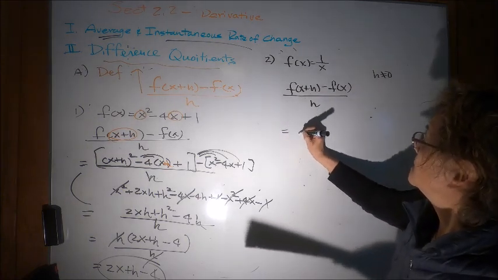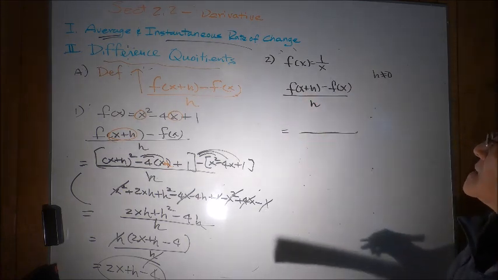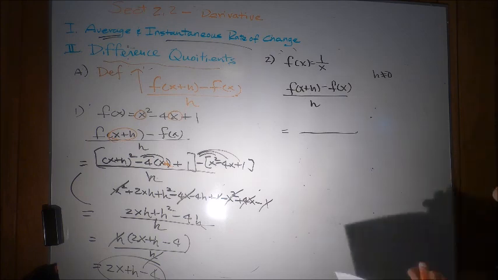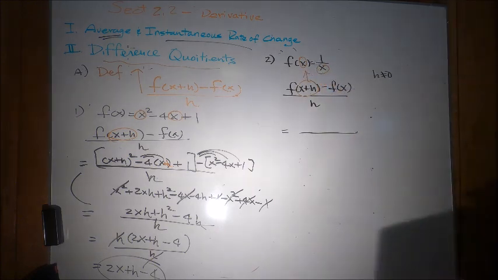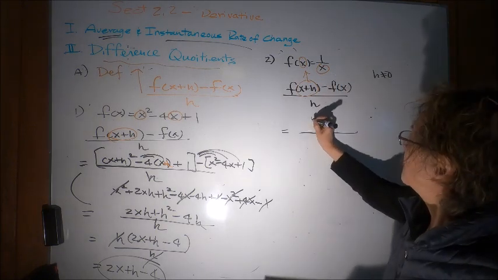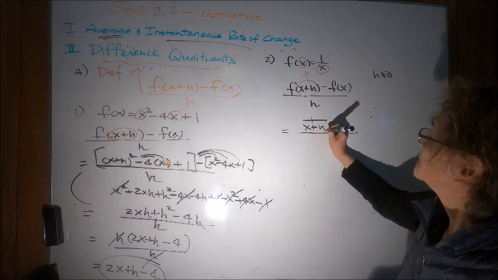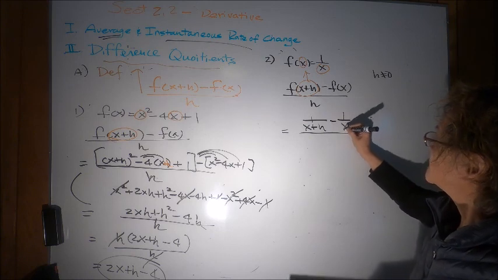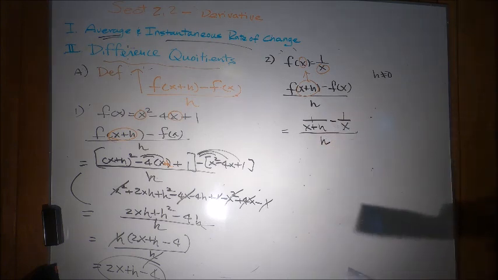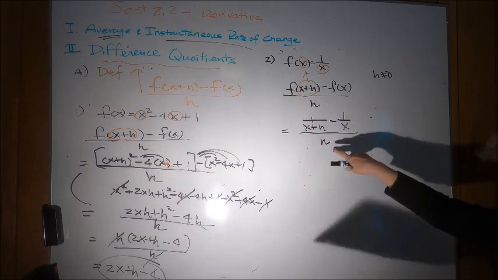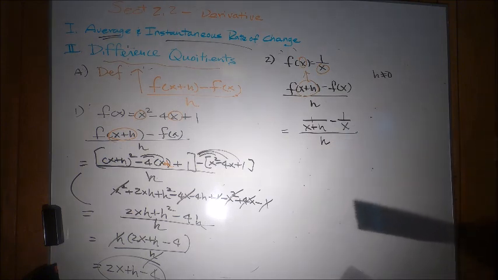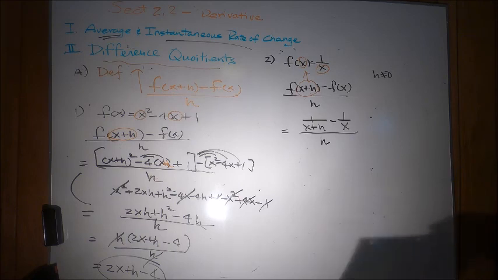Then we plug in x plus h in place of x. That's what we mean. So you plug in, it becomes 1 over x plus h. Then we simplify. We have a complex fraction, and we simplify it as we did earlier.